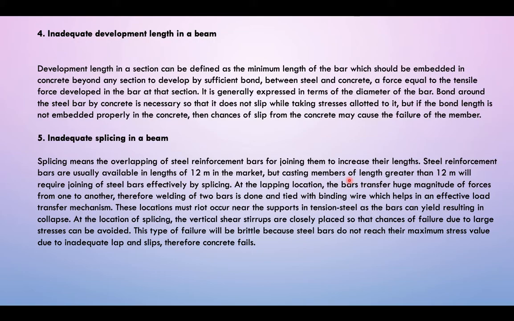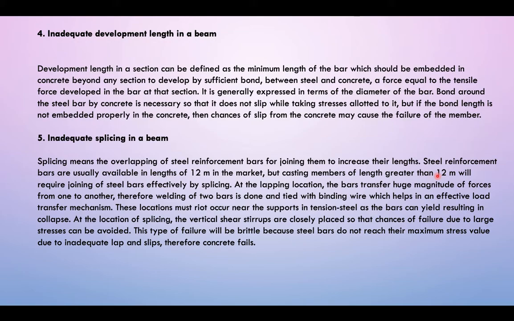But we want another bar also, because 10 meters is not enough, so we have to add another bar, taking a 5 meter bar, by lapping, which means joining them.